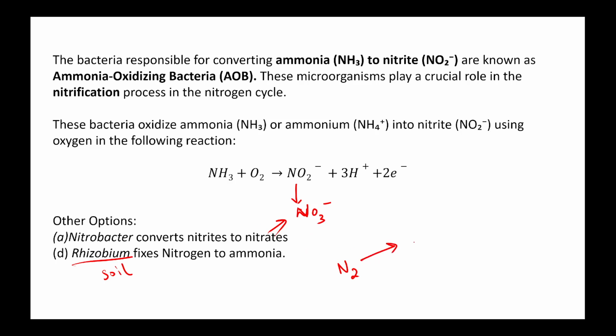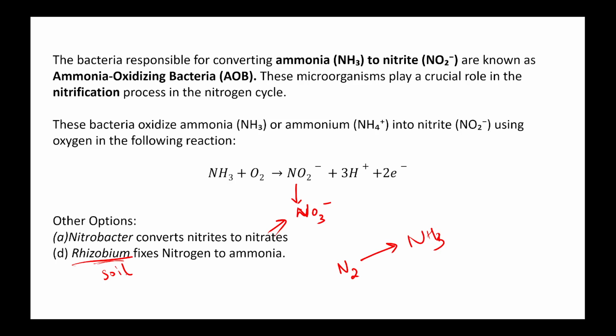It will convert the nitrogen into ammonia. These rhizobia are generally present in the roots of leguminous plants, and the roots are present in the soil, obviously, and they fix the atmospheric nitrogen into ammonia.